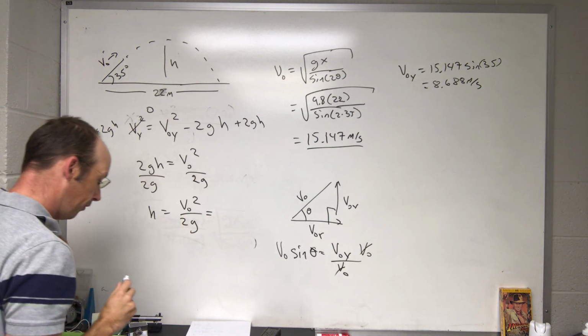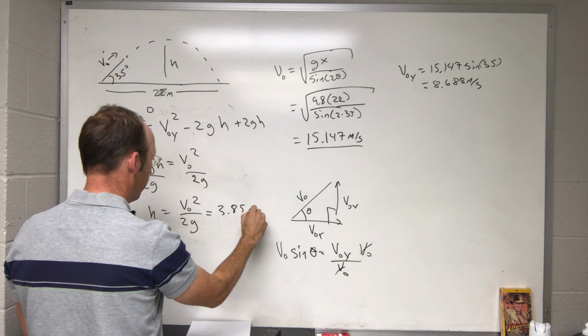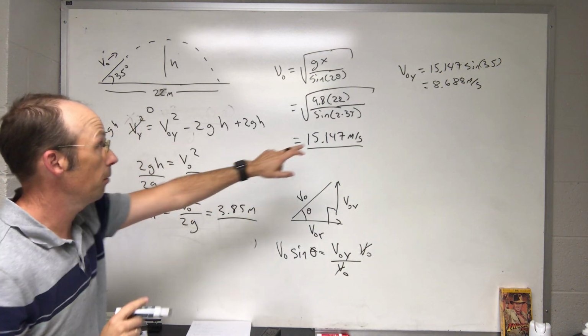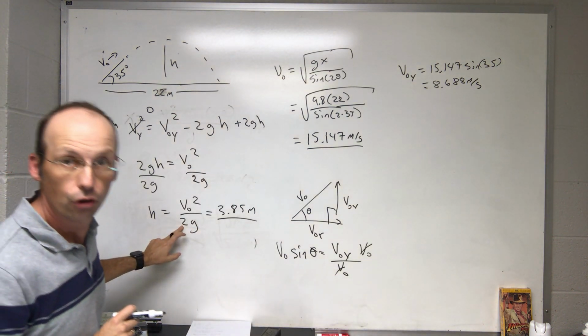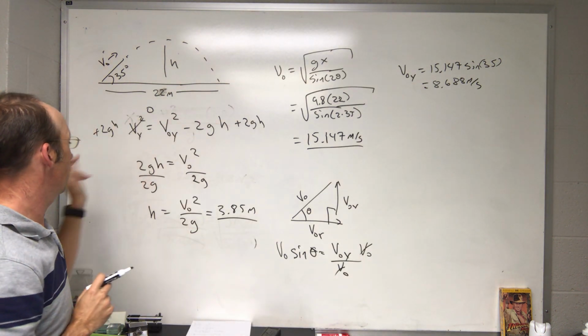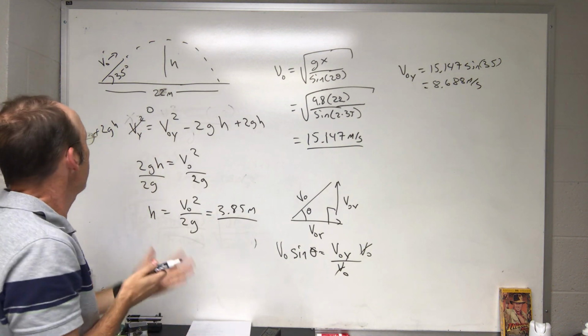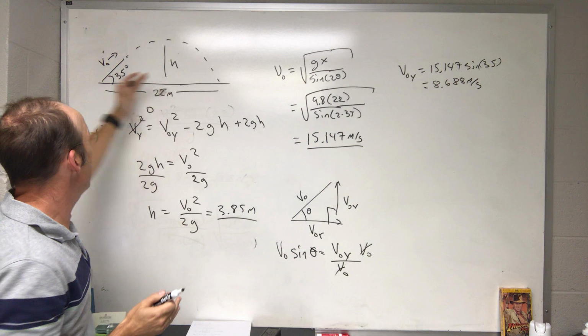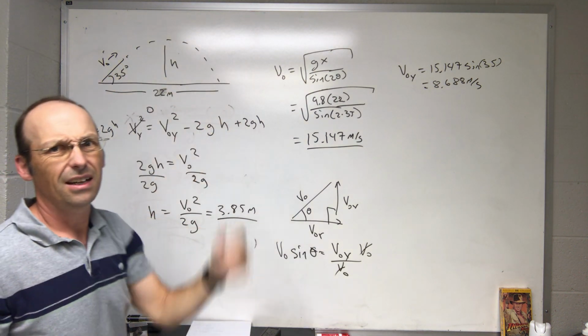So if I put my numbers in there, I get 3.85 meters. So v0y squared, I put in that number, 2, and g, I put in 9.8. And that's your height. Let's just think, that does seem sort of reasonable. It's going 22 meters. I'm shooting at kind of a low angle, so it's not going to go super high or super low. That just seems about right.